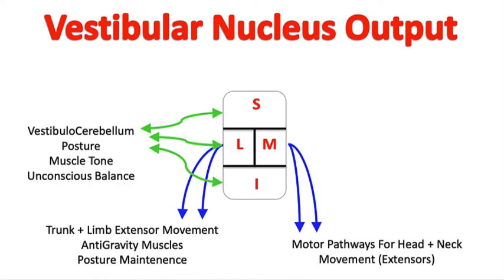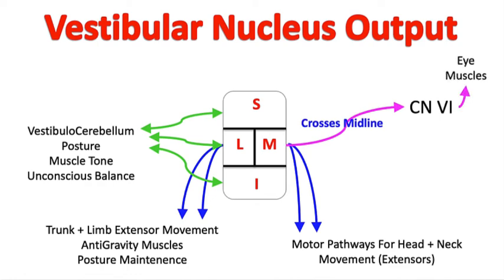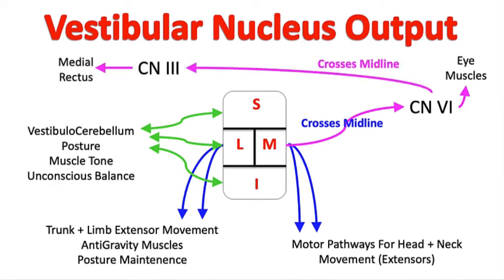So we have output from the medial vestibular nuclei that crosses the midline and will innervate cranial nerve 6 and the eye muscles. Then we have it crossing past the midline back to the original side to cranial nerve 3, affecting the medial rectus, and then cranial nerve 4, the superior oblique.